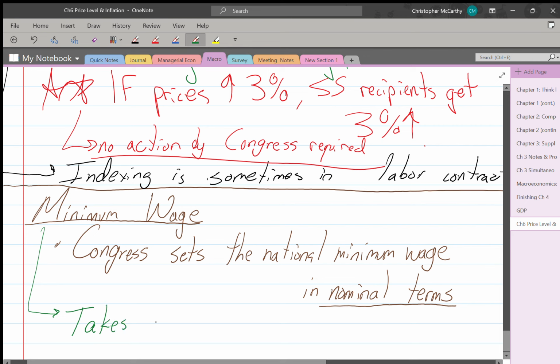So it takes publicized debate for there to be periodic increases.